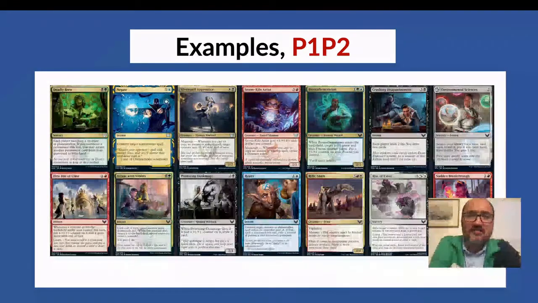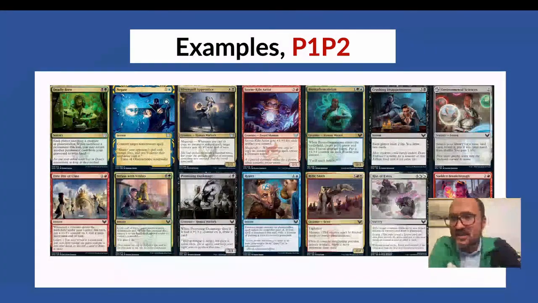Someone picked a rare. We have no idea what that rare was, so we actually don't know anything about what happened. We see that the lesson is still here and that it's Environmental Sciences, so clearly that rare was better than Environmental Sciences, which means it was probably quite decent, or the person next to us doesn't evaluate Environmental Sciences. There's also a couple of good cards.